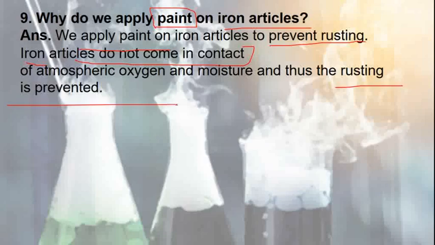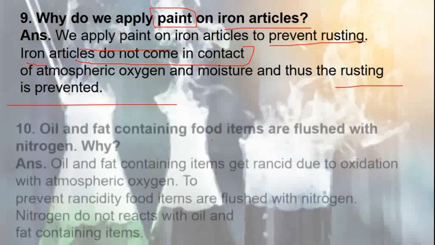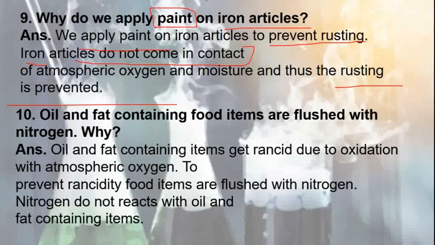rusting is prevented. So the next question is: oil and fat containing food items are flushed with nitrogen. Why? As we know, oil and fat containing food items will react with oxygen. That means there will be an oxidation process in the atmosphere. Due to that, nitrogen gas is flushed in food packets, chips and other food items.